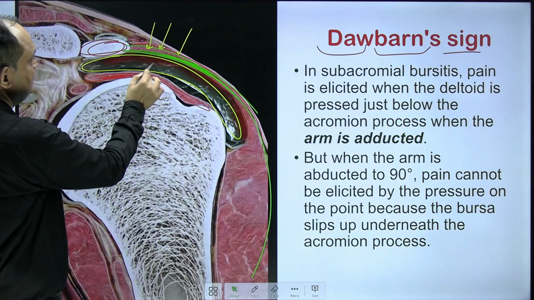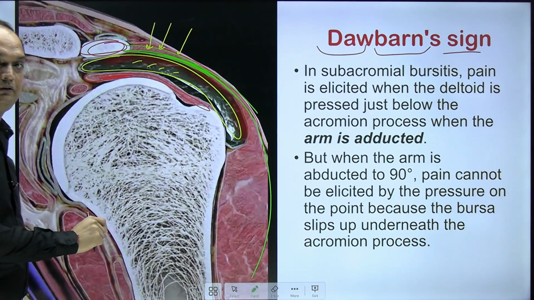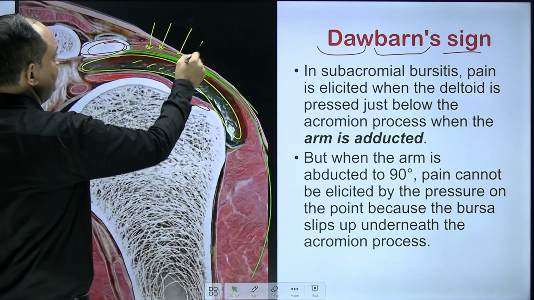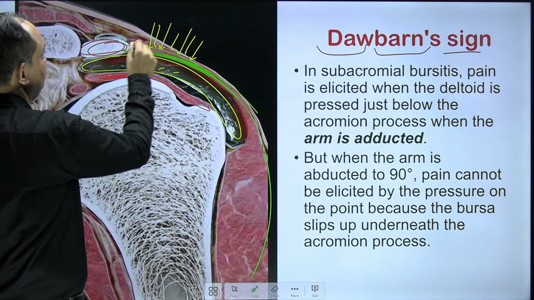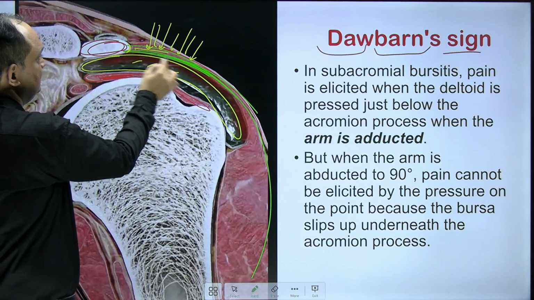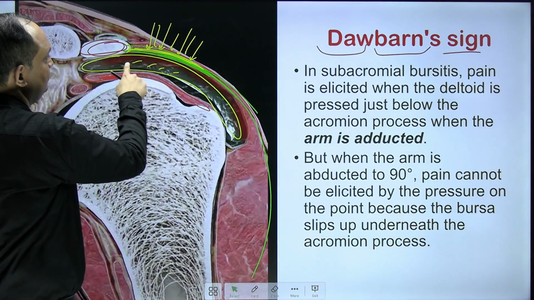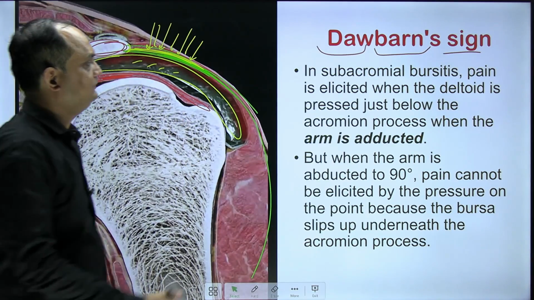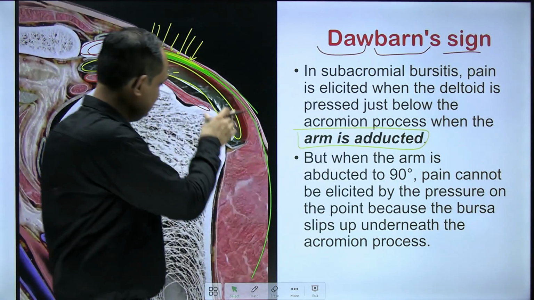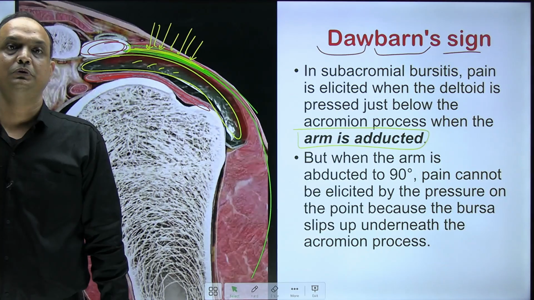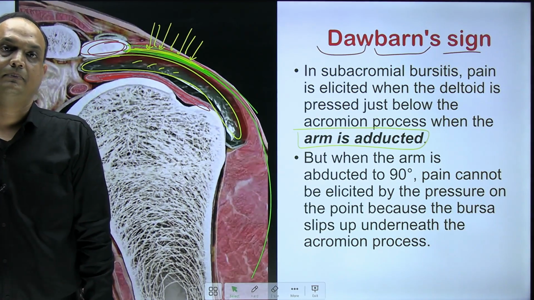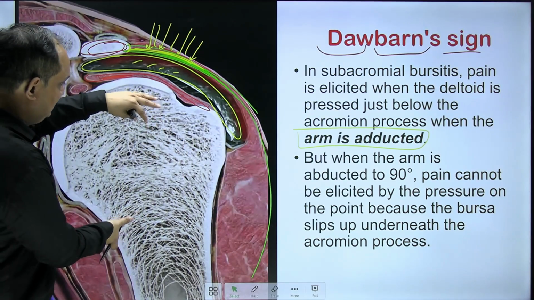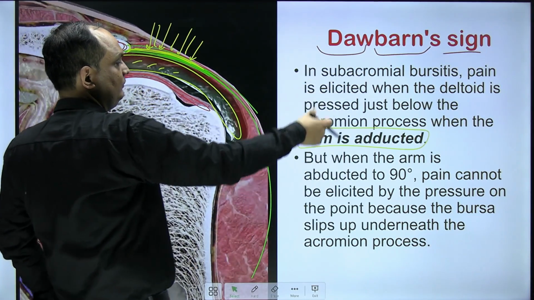If I am pressing the deltoid here, and this bursa is inflamed, as it is right now and you can see the bursa is highly dilated, then pressing the deltoid near its origin from the acromion process irritates the bursa and the patient has pain. This is when your arm is adducted, the normal natural position of the arm. But what will happen if you take the abduction of this arm?